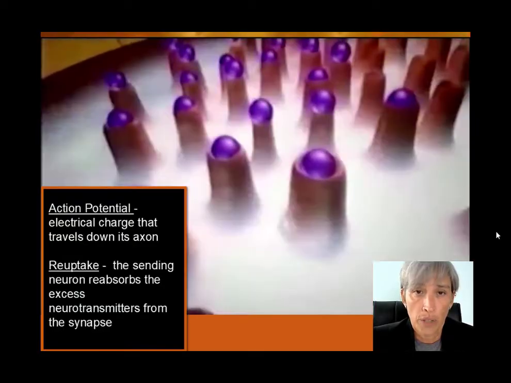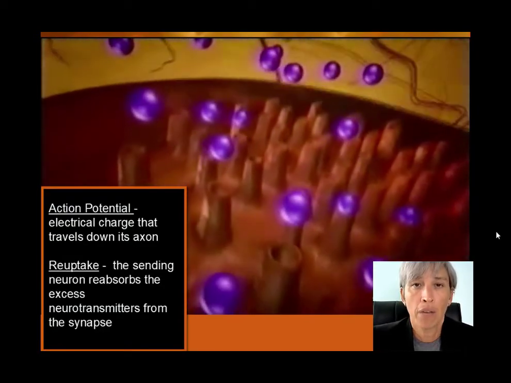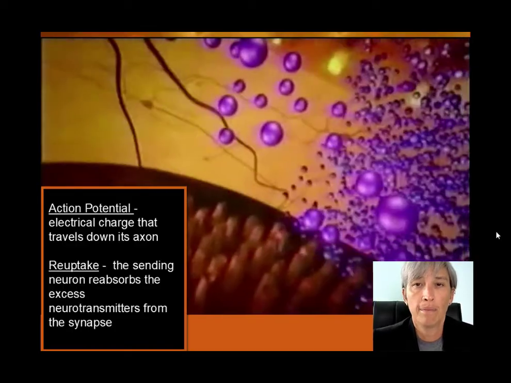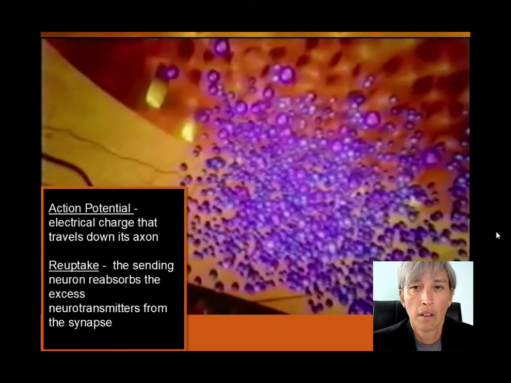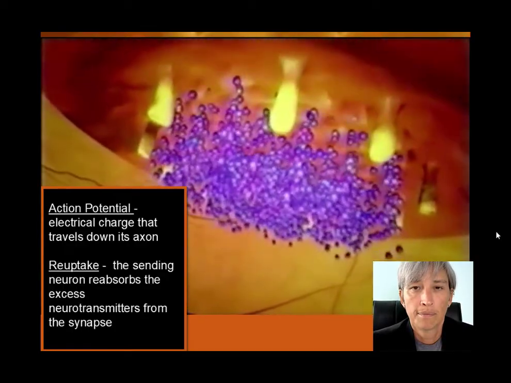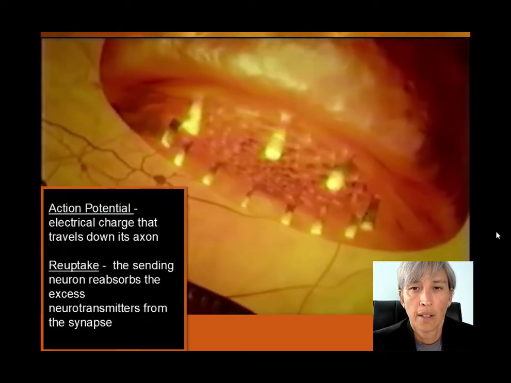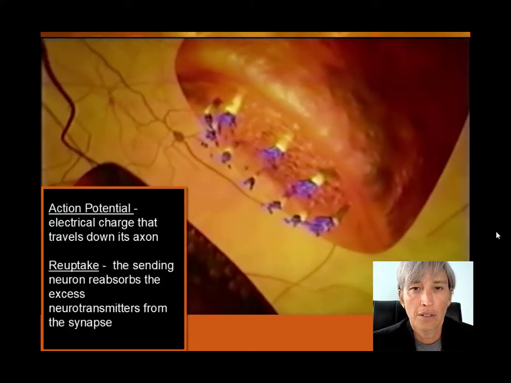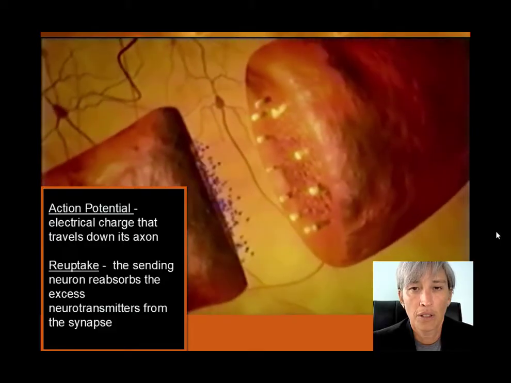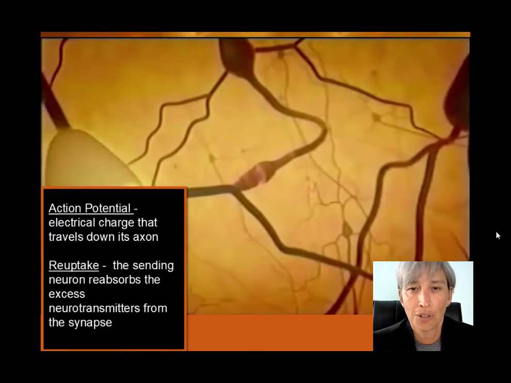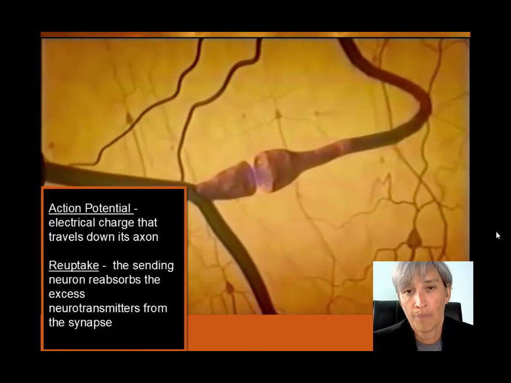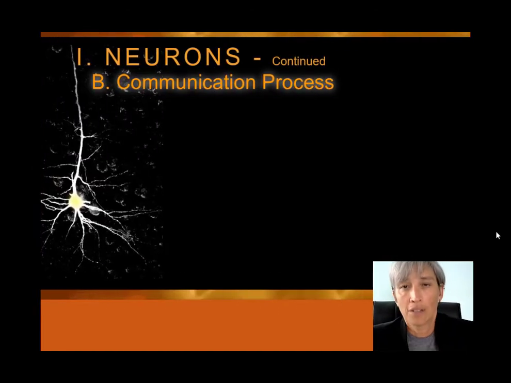It is then reuptaked, taken back up by the sending neuron. Another analogy for this process is like flushing a toilet. When you flush a toilet, the action potential gets flushed down the toilet. So then the process begins again.